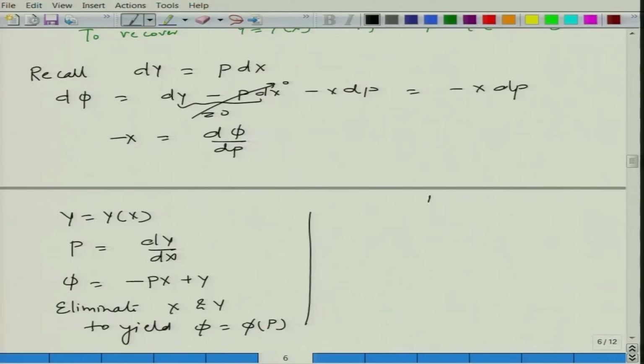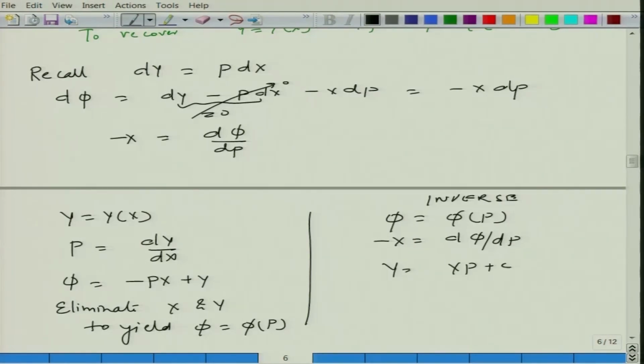Okay. Now, in the case of the inverse, to recover the function, we start with phi equal to phi of p. The definition is minus x is d phi by dp, and y can now be written as xp plus phi. Okay. So, here we eliminate p and phi to recover or yield y equal to y of x. Okay. So, this is the Legendre transformation which we are interested in.